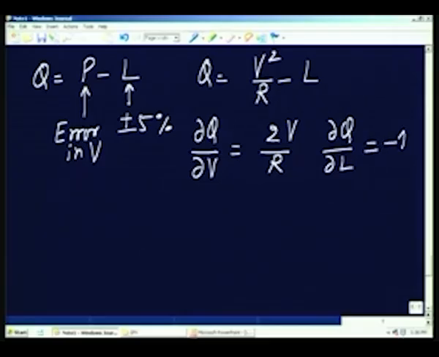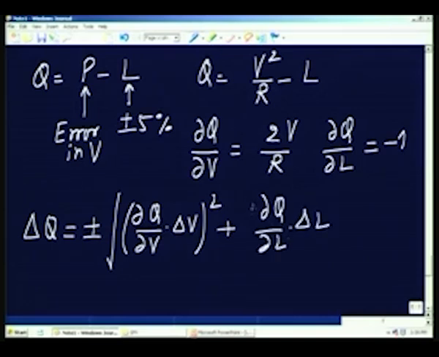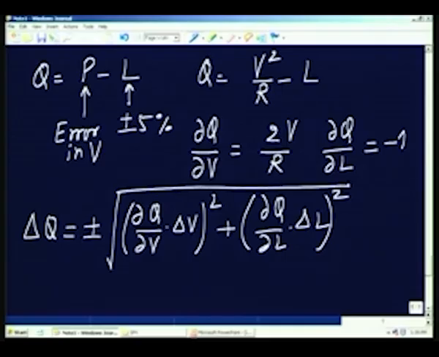Now, I can use the error propagation formula, substitute the values of the voltage and the resistance, and therefore, delta Q is equal to plus or minus square root of, we are going to use the error propagation formula, whole squared, and we can put it here.